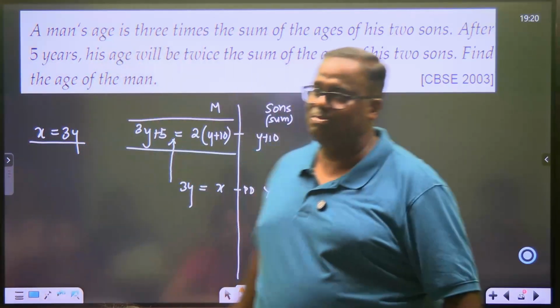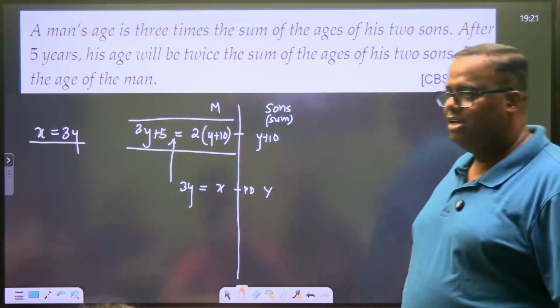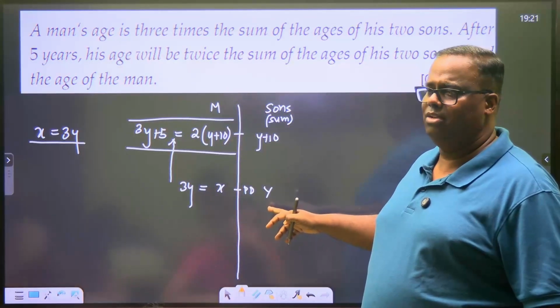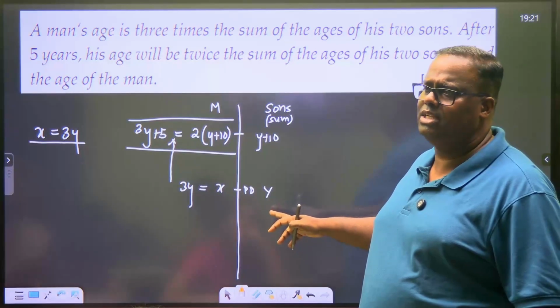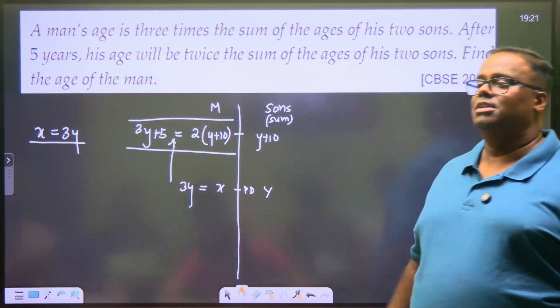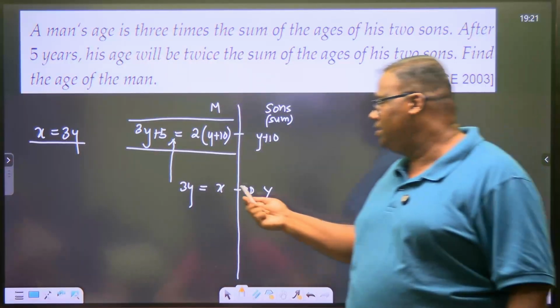A trick है इसमें. Do you want to understand once again? The sum of the present ages of the sons is y. We don't know what is their individual age. The man is 3 times the sum of the present ages of the sons.